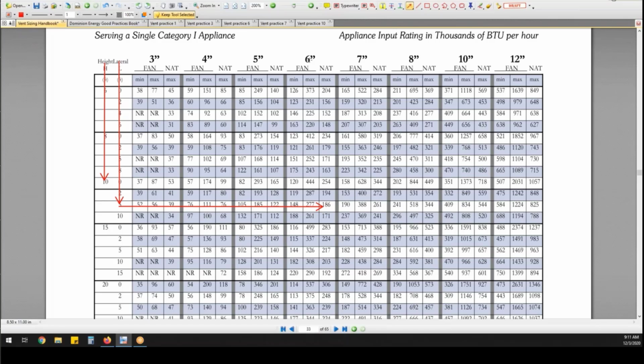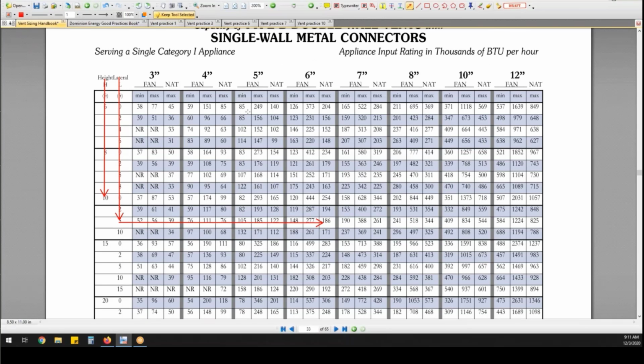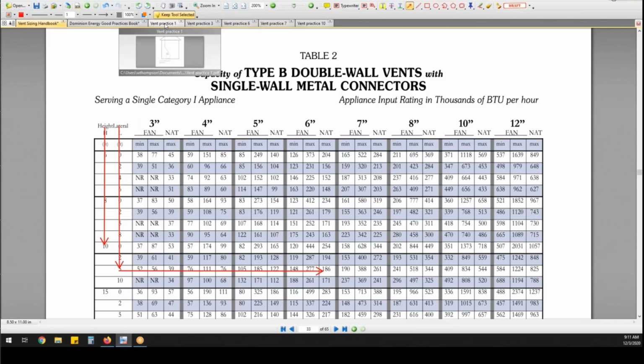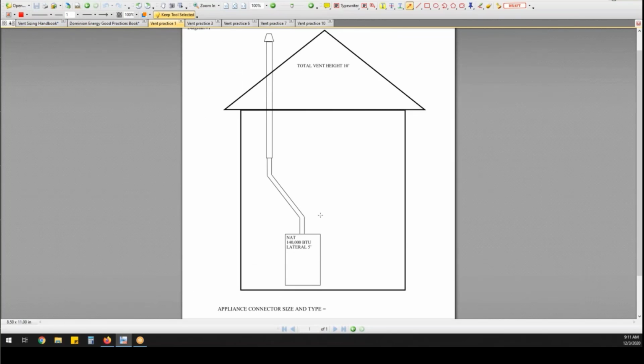Hey Wade, I got one other question. When we're looking at the total vent height, does that go to the tippy top of the cap, or does it just go to the top of the pipe and then you put the cap on? Total vent height is that. You just draw a straight line up, okay?